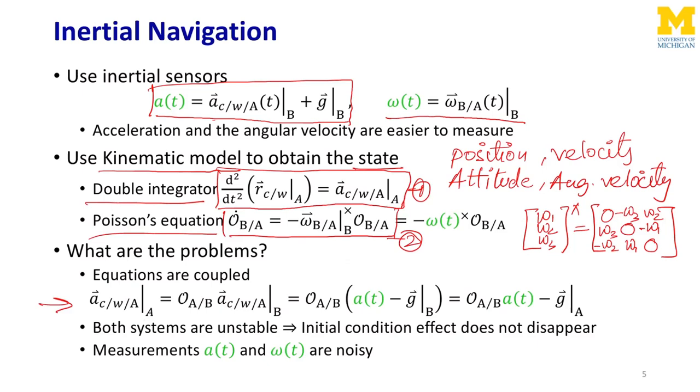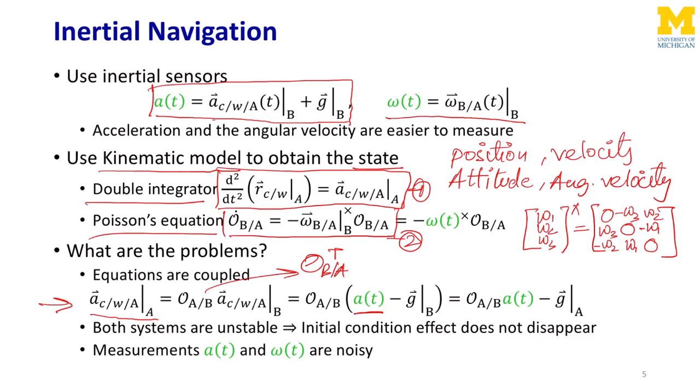OAB is the orientation matrix, where OAB is actually just OBA transpose. So we are going to get OBA from the Poisson's equation, and we are going to transpose it. So anyways, if we keep going, this is the entity we want, and this is the entity we measure. So we have to invert this whole thing to get the acceleration in the A frame.